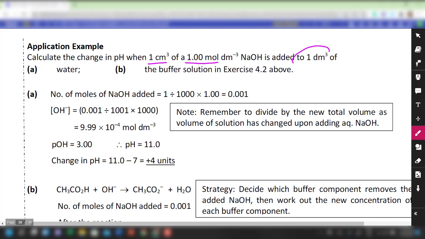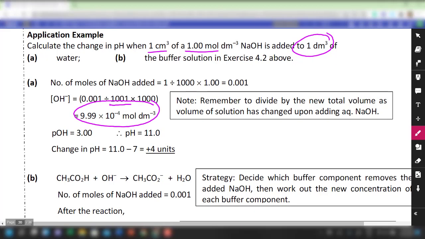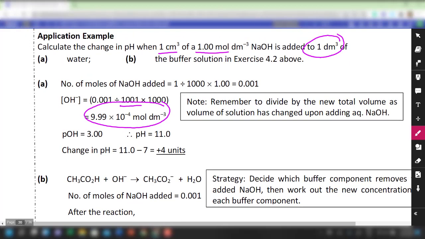Because I added into 1 dm³ solution, the total volume will be 1001, and then the concentration of OH minus will be 9.99 times 10 to the power minus 4. I can determine the pOH, and then the pH is 11.0. So the change in pH is from 7 to 11.0. So this is a whopping 4-unit change.